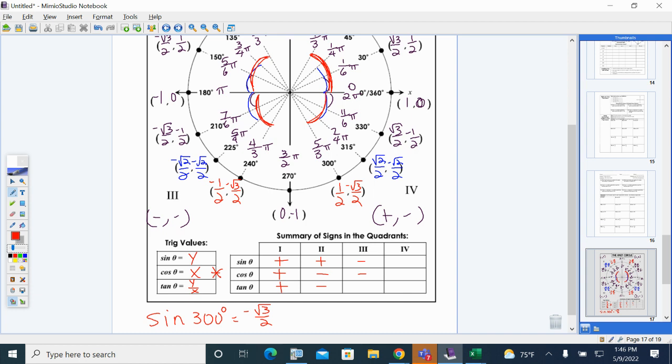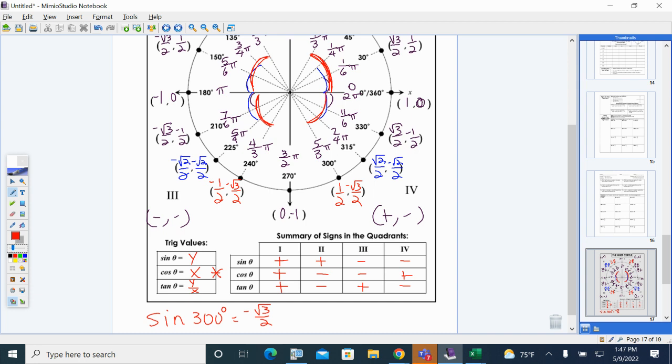But tangent in this instance is going to be positive because a negative divided by a negative is positive. In quadrant 4, your x is positive. So since x is positive, cosine is positive. My y is negative, so sine is negative. And once again, dividing those two, the tangent is going to be negative.